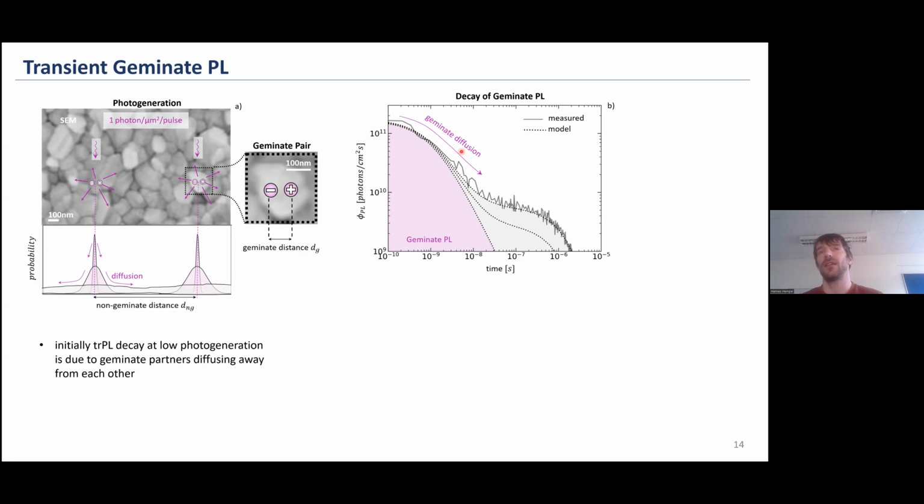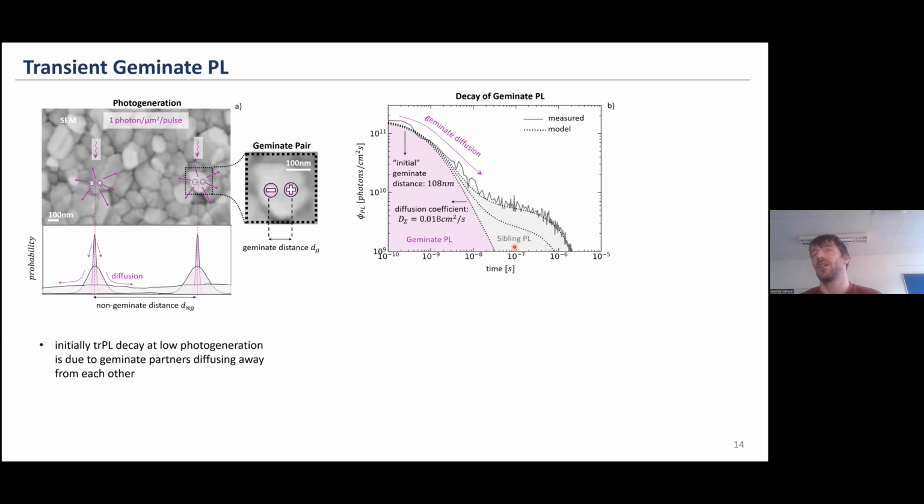And the decay of this part is actually this geminate diffusion, the hole and the electron diffusing away from each other. And the modeling again gives us this initial geminate distance of 100 nanometers. And the speed of this decay here gives us the diffusion coefficient.